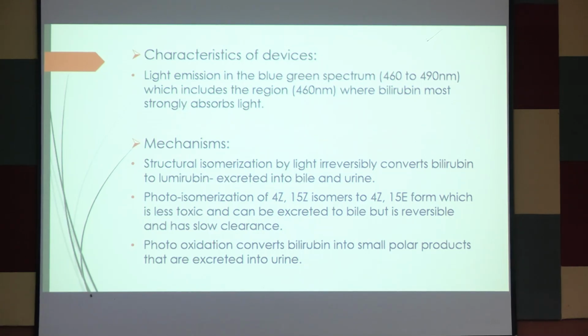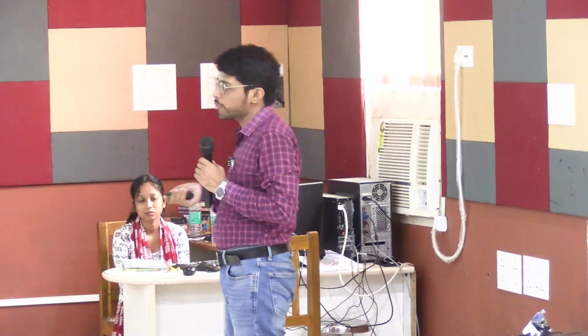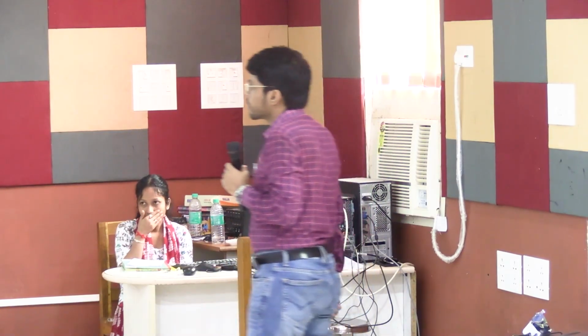This converts bilirubin into small polar products, that is again polar, so water soluble, and it is excreted in urine. So, three mechanisms are there: structural isomerization, photoisomerization and photooxidation.